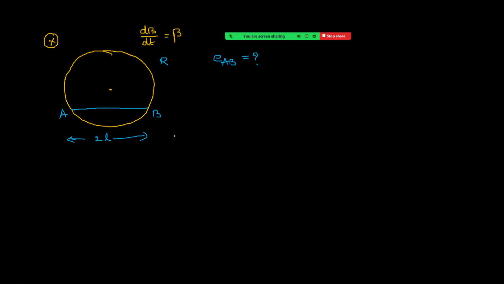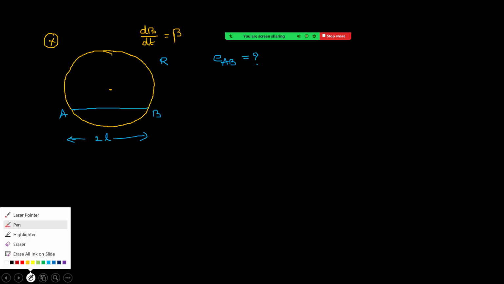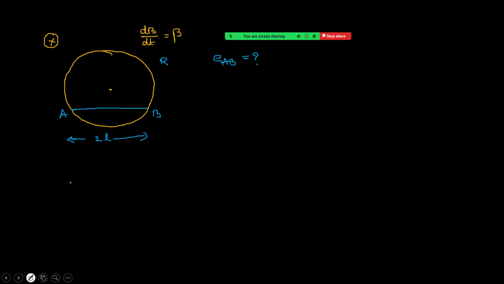See now what we are doing. If you want to use Faraday's law, there must be a loop, right? Because if there is a loop, we can check the flux through that loop, whether the flux is increasing or decreasing. So here what I am doing is, let us join the ends of the rod with the center.